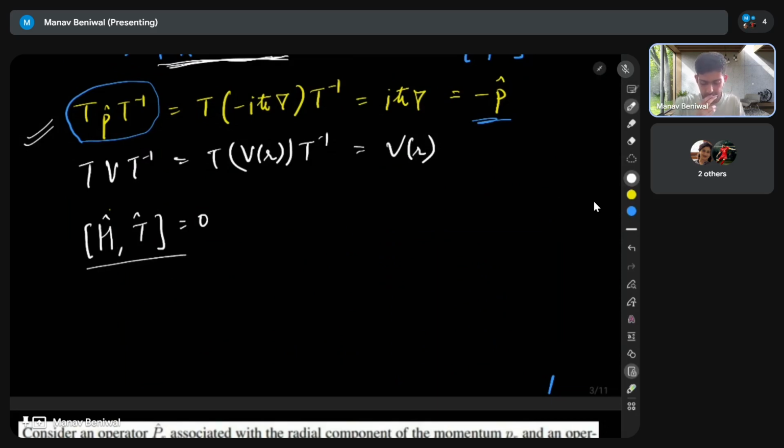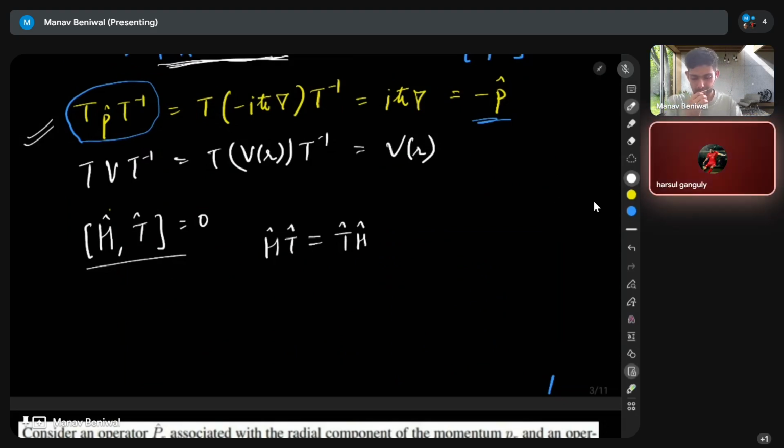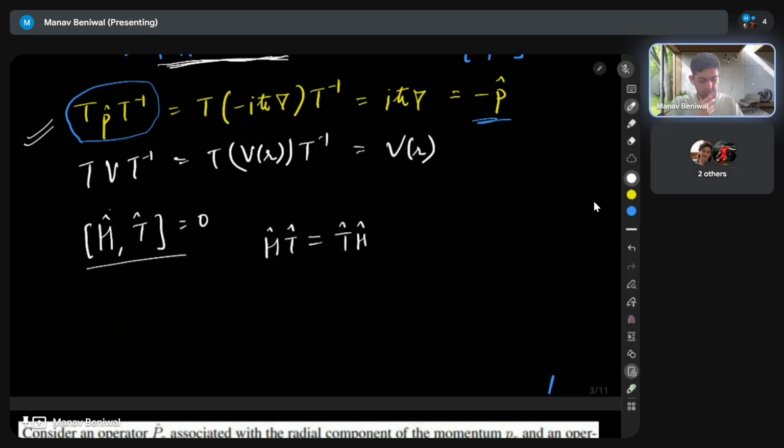Now, what is this thing? This is nothing but HT minus TH. And because this equals 0, I can write it like this. Now, if I multiply both sides by T inverse, what I'll get is this.